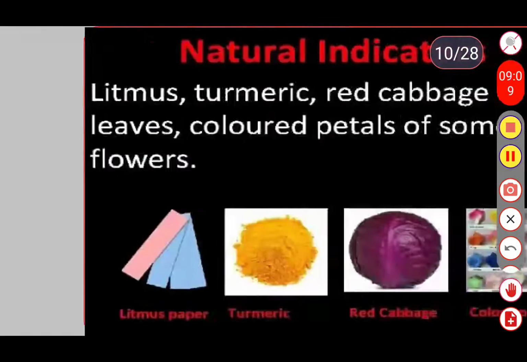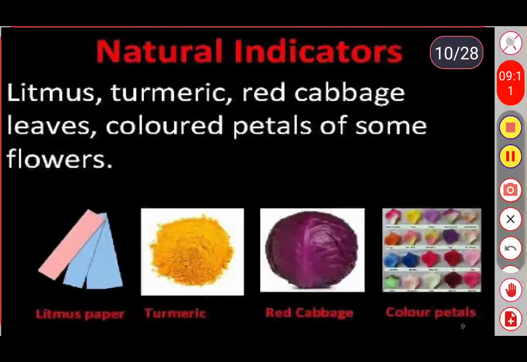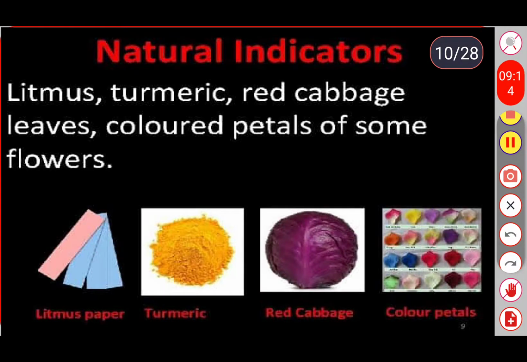First is the natural indicator. In natural indicators, the first one is litmus. It is a natural dye made from small plants called lichens.